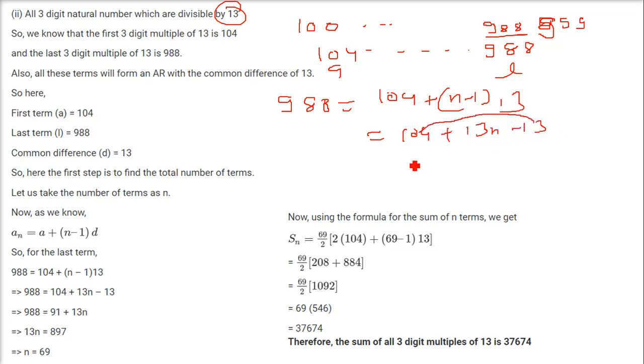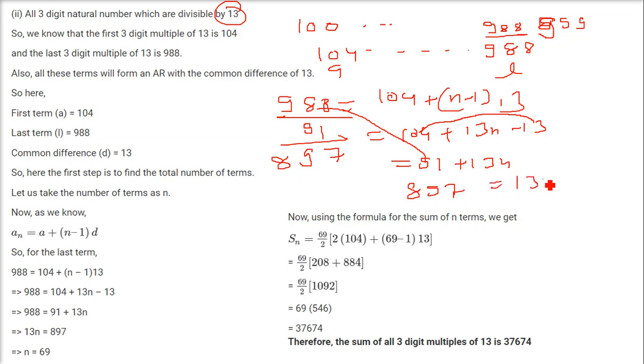So 104 minus 13 is 91. 91 plus 13n. 988 minus 91 is going to be 897. So 897 equals 13n. So 13 divides this 897 by 69. So n is 69.